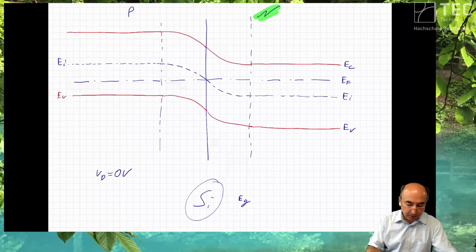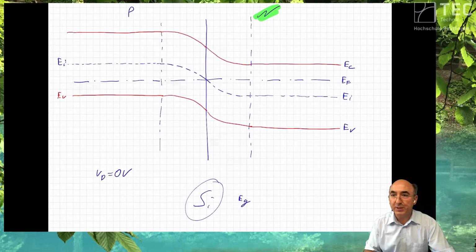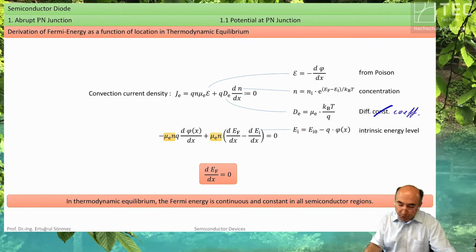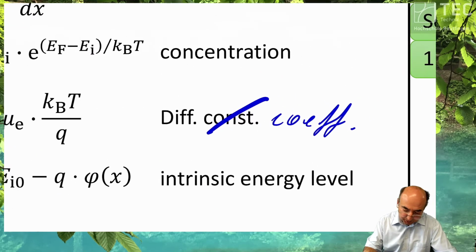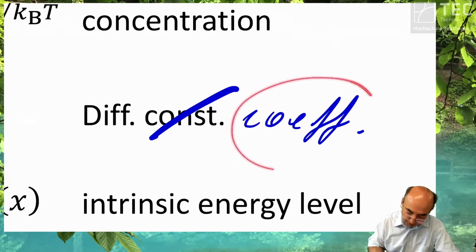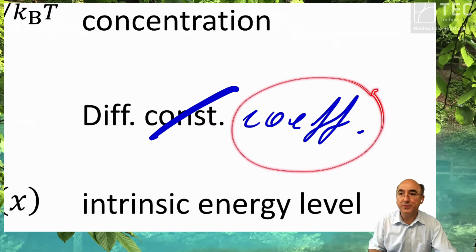Now let's take a look at why and how this band diagram looks like it is presented here. First, just do this correction. I have written diffusion constant, it is a diffusion coefficient. So please do this correction here, diffusion coefficient.